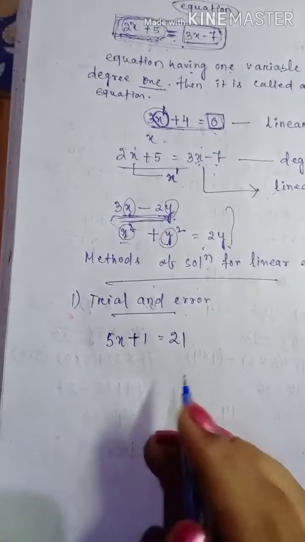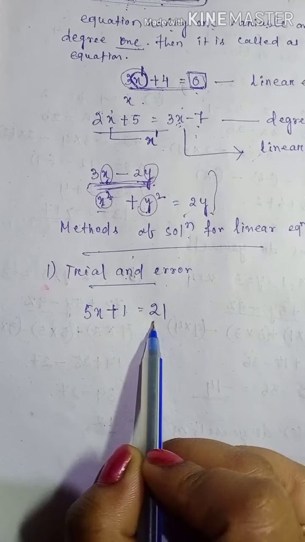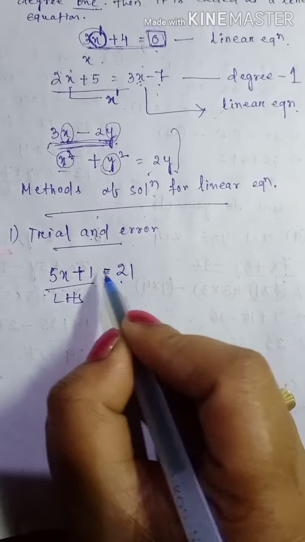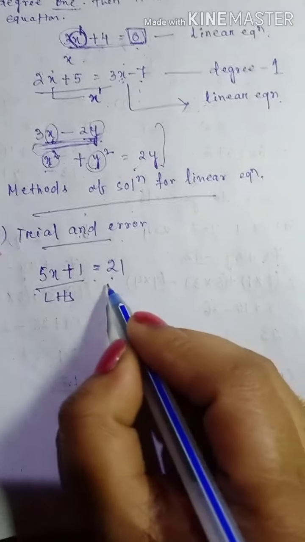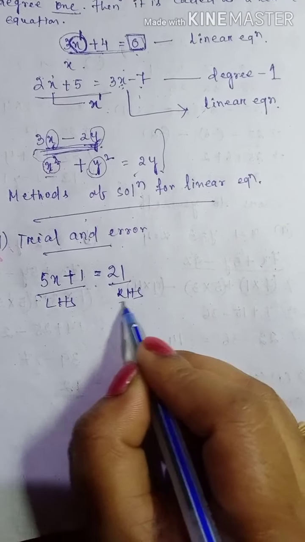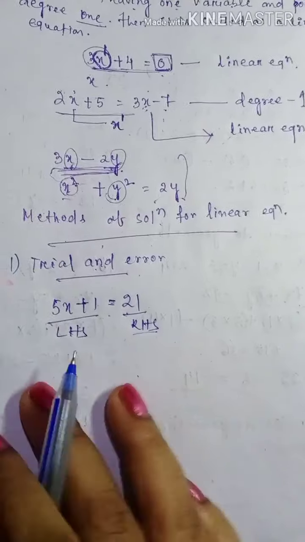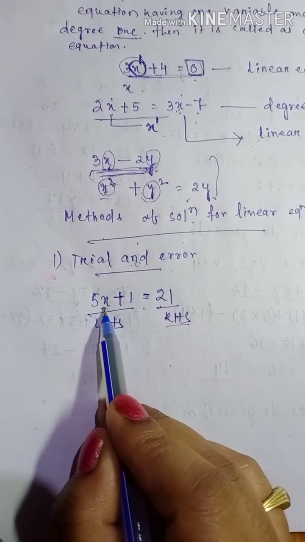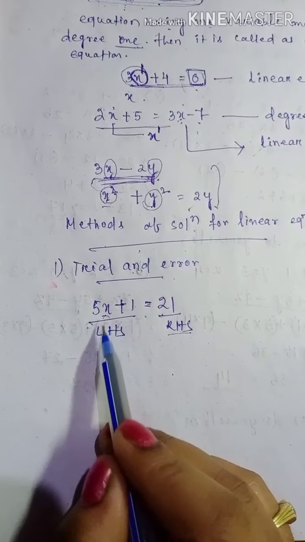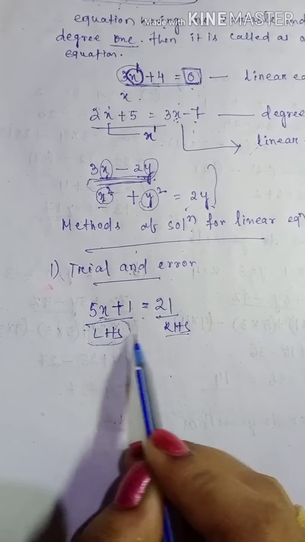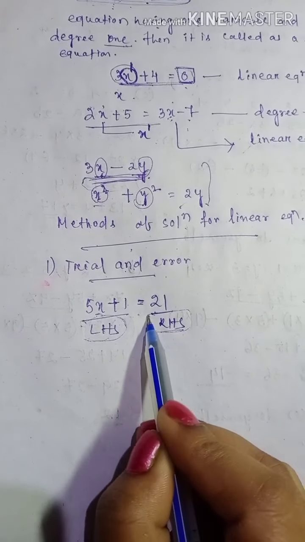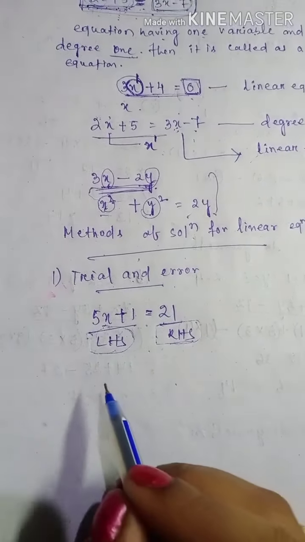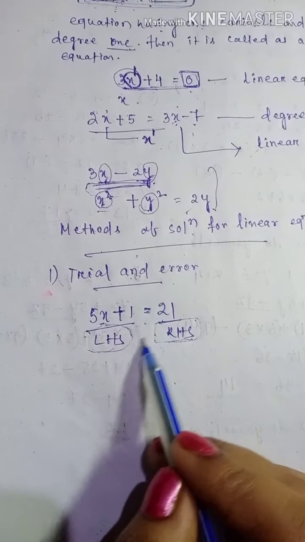This is the LHS, the left hand side, because it is the left side of the equal sign, and this is the RHS, the right hand side. In this equation, we put in values of the variable one by one to check that the left hand side answer is equal to the right hand side answer. Only then is it said to be the solution of the given equation.